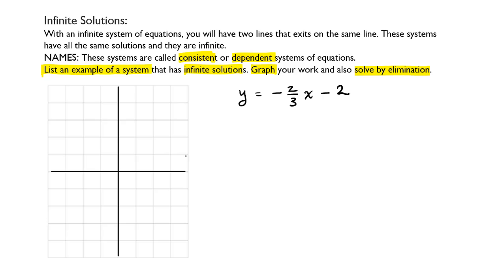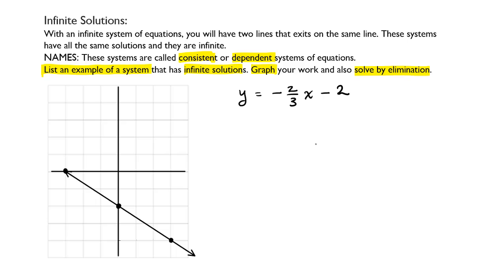So my y-intercept is at -2, and the equation has a rise of -2 and a run of 3. So if I connect the dots on this one, I have a line that looks something like this.